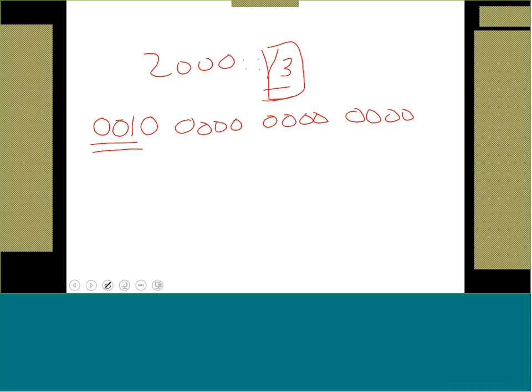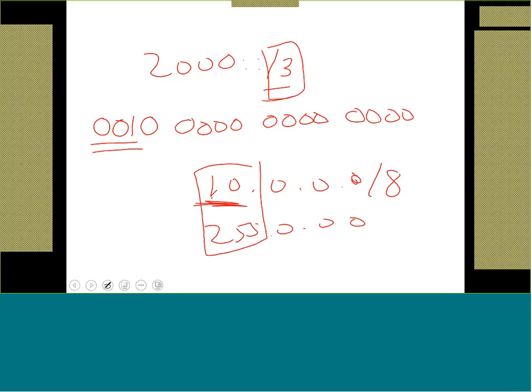Isn't it the same thing in IPv4? If I say 10.0.0.0/8, doesn't that mean that the first 8 bits are always that? Because the mask is 255.0.0.0. That is the network.